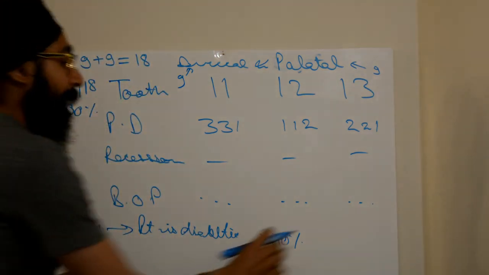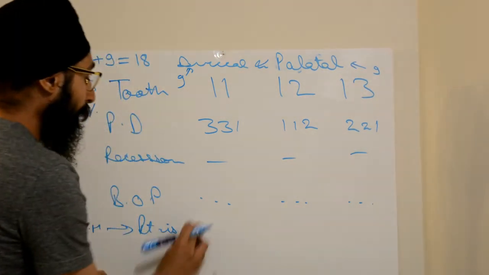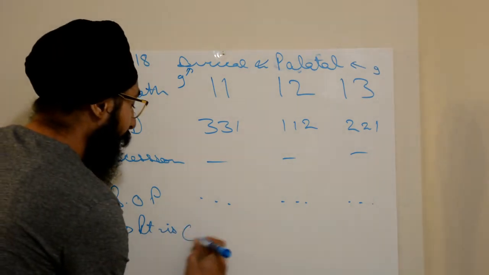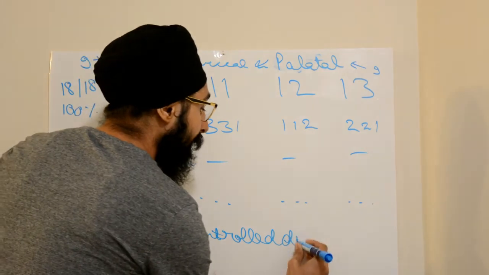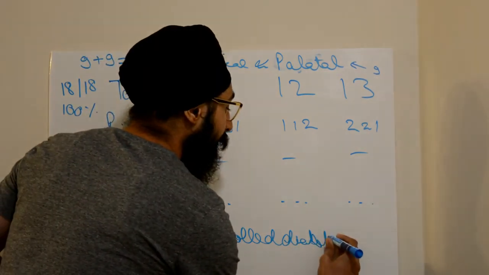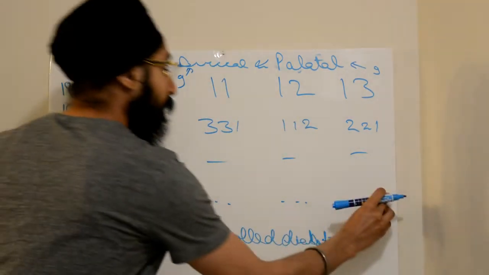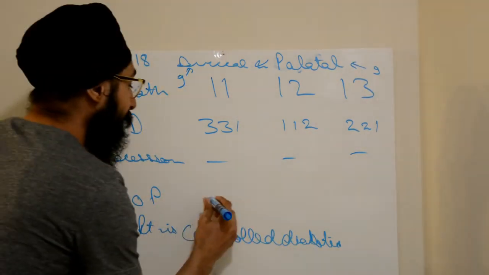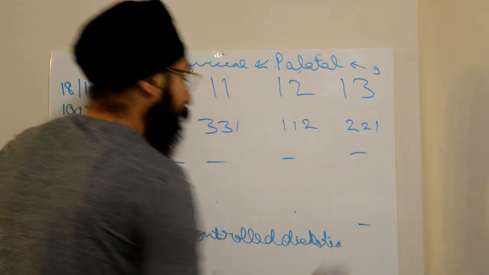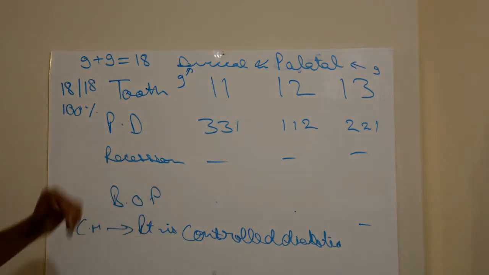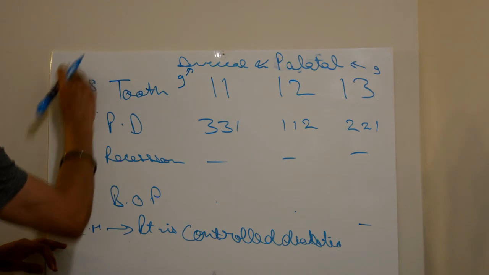Let's say in the history it was given that the patient is a controlled diabetic, and the chart represents something like this. Now let's again count the total number of sites.